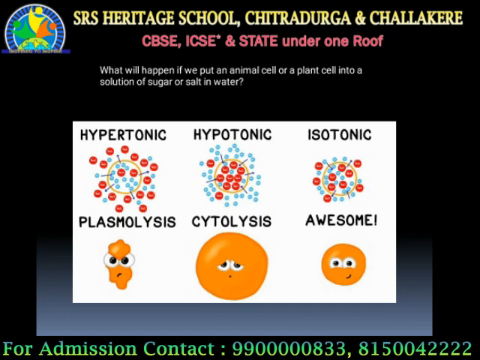The water molecules from outside will start entering the cell, so the cell will swell and bulge, and if left like that for a longer time, the cell will burst. That is called cytolysis. In an isotonic solution, both solvent and solute remain constant inside and outside the cell, therefore nothing will happen to the cell.